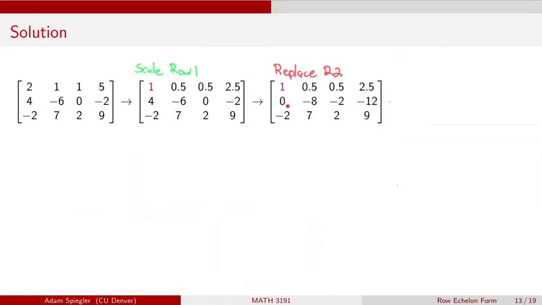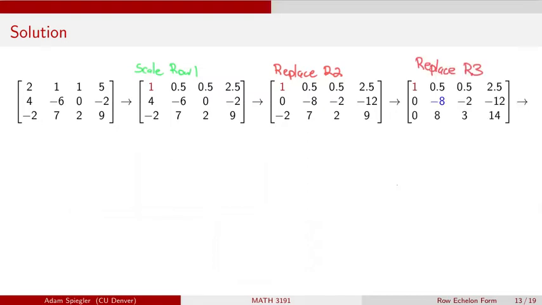So now I have a 0 here. Namely, I multiplied the top row by -4 and added it to row 2. And I can do a similar operation on row 3. And now what I would do, I would multiply this top row by 2 and add it to the third row. And now I have a 0 below the pivot in this first column.